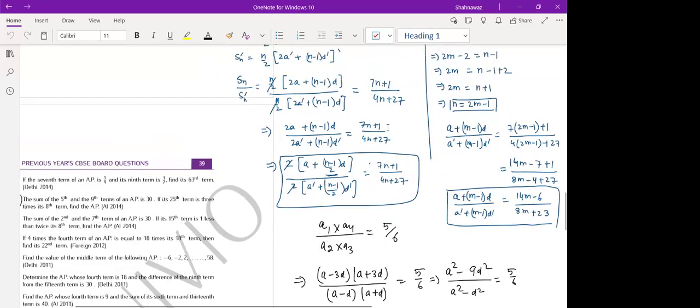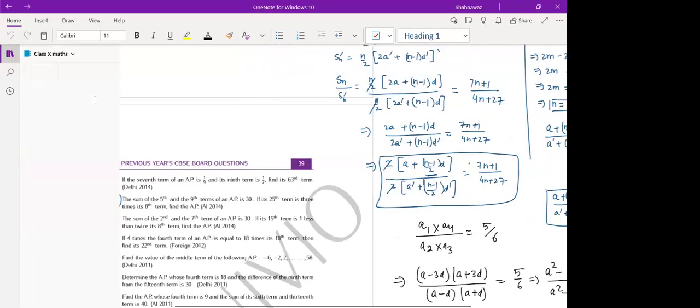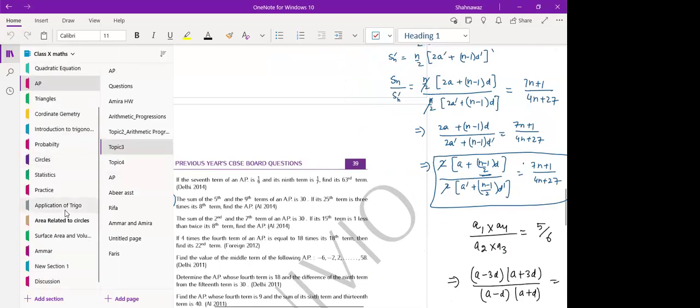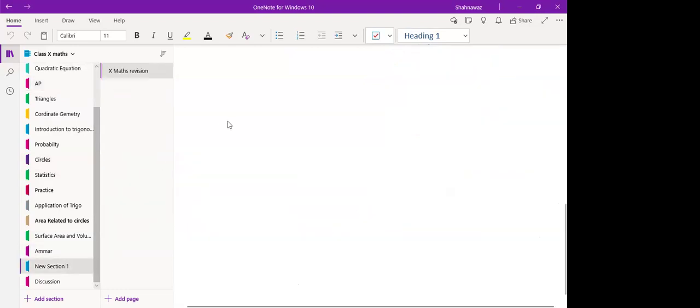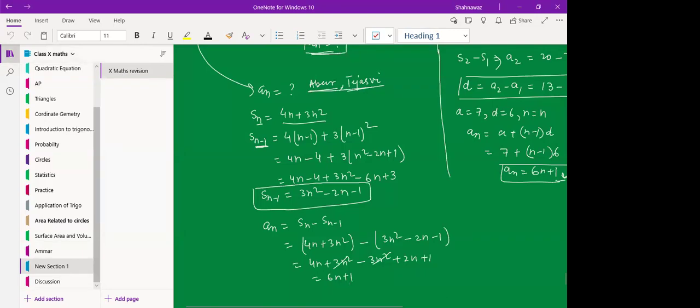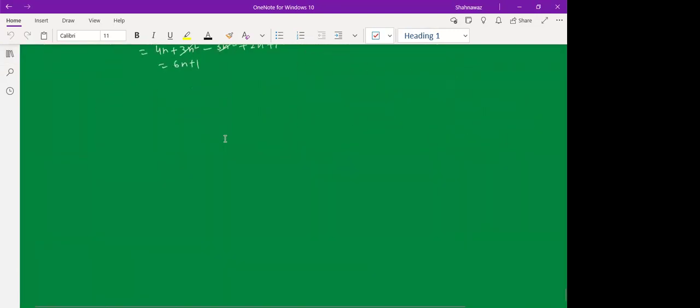Okay, so then let us start the new topic. After AP you have triangles. So let us start with drawing. Triangles. What are the things that we have studied?